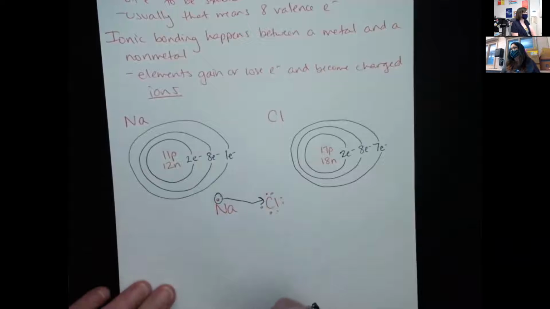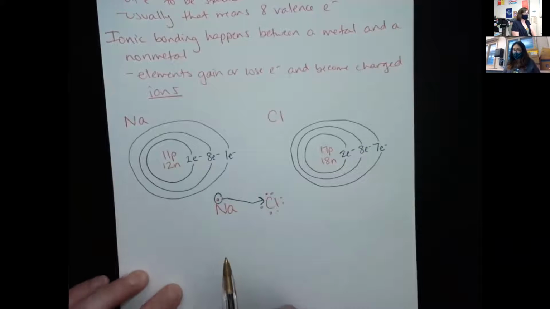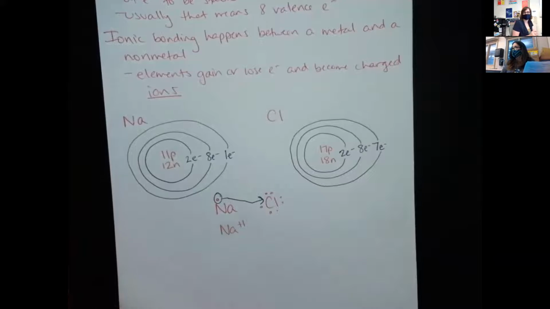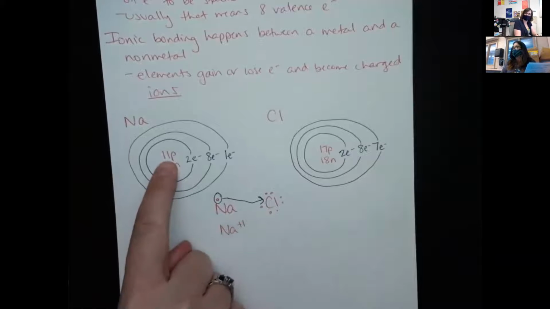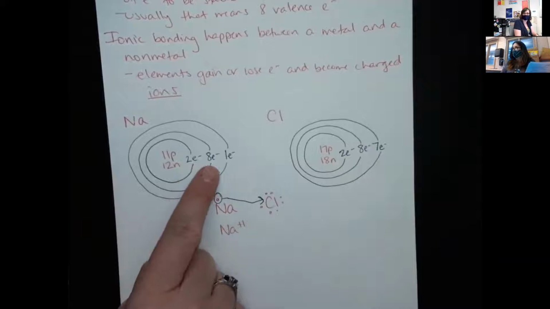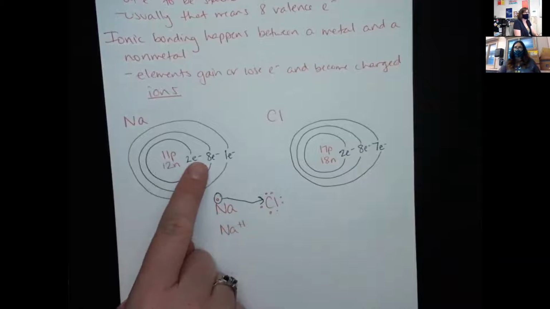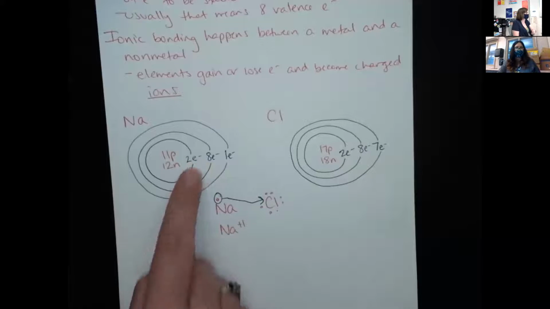Is it neutral still? It's not anymore because the protons and electrons don't cancel each other out. It's positive 1, okay? So sodium becomes positive 1 because it gave away a negative electron. Positive 11, negative 10 equals a positive 1 charge. It has 1 more proton than it does electron.